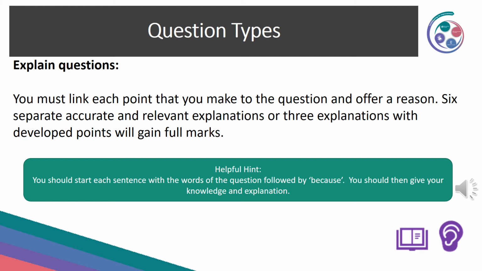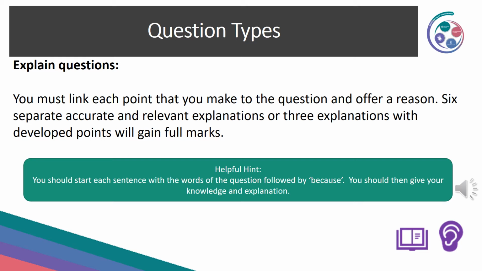It's important to remember that you must link each point that you make to the question and offer a reason. You can access your full 6 marks by providing 6 separate, accurate and relevant explanations, or 3 explanations with developed points, or any combination of the 2.